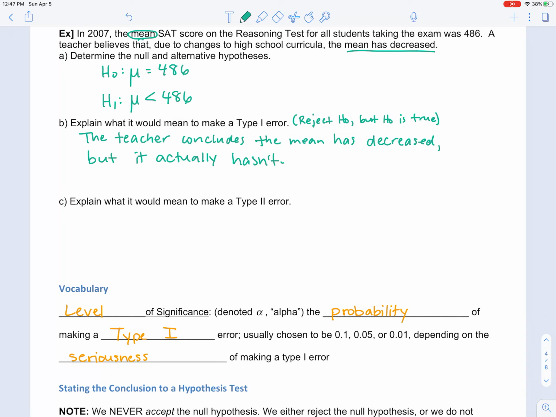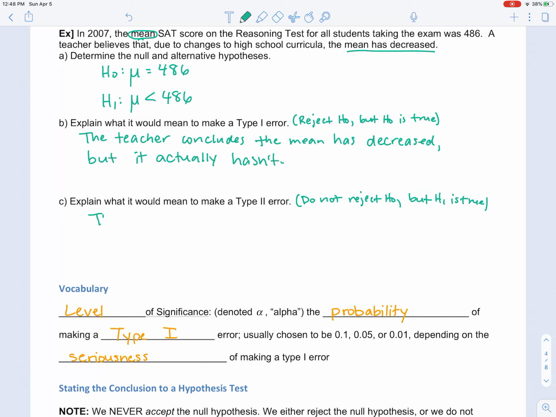Okay, and she wouldn't know if this error occurred, but that's what that means. Part C, explain what it would mean to make a type 2 error. So type 2 error means you do not reject H naught, but H1 is true. So if H1 were actually true, you would want to reject H naught.